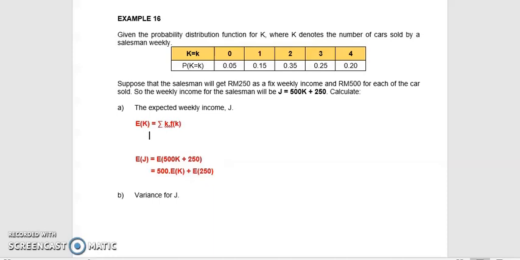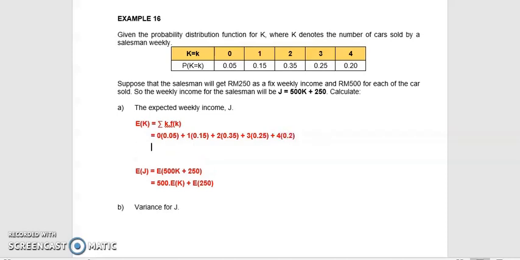So when K equals 0, probability 0.05, plus K equals 1, probability 0.15, plus K equals 2, probability 0.35, plus K equals 3, probability 0.25, and last, K equals 4, probability 0.2.